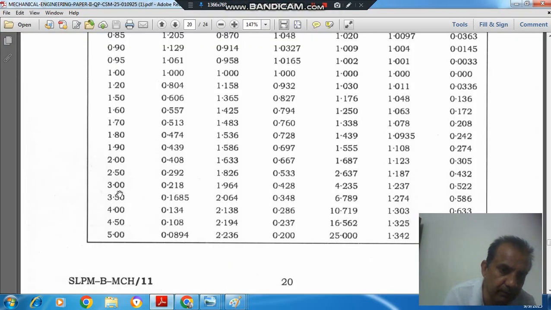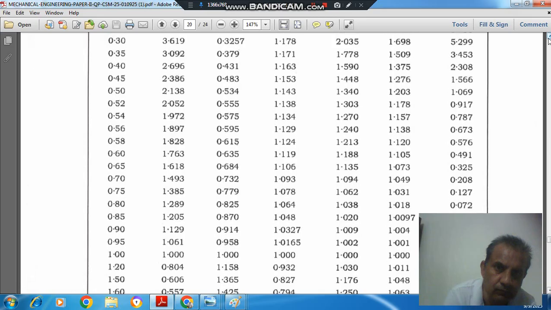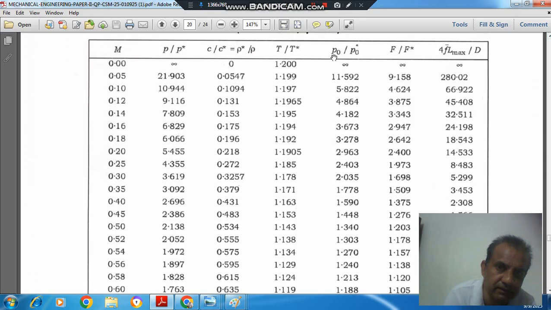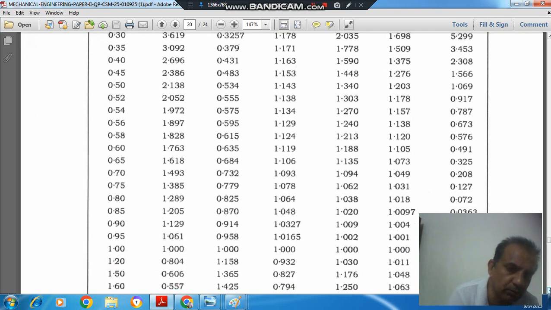So this is Mach number 3 and this line represents various properties like P by P star, C by C star, rho star by rho, T by T star, P naught by P naught star, f by f star, 4 f L max by D. So this line represents the properties corresponding to Mach number 3.